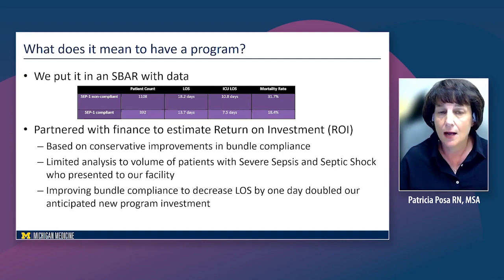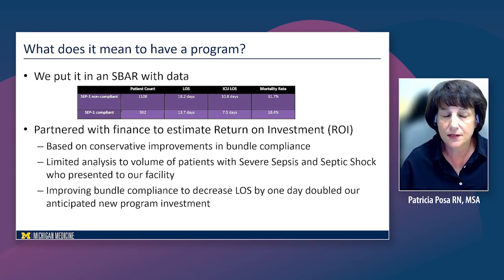I'll highlight that our length of stay was about 5 days less when we were compliant with our sepsis bundle, the evidence-based care. And you can also see ICU length of stay was less, as well as overall hospital mortality.